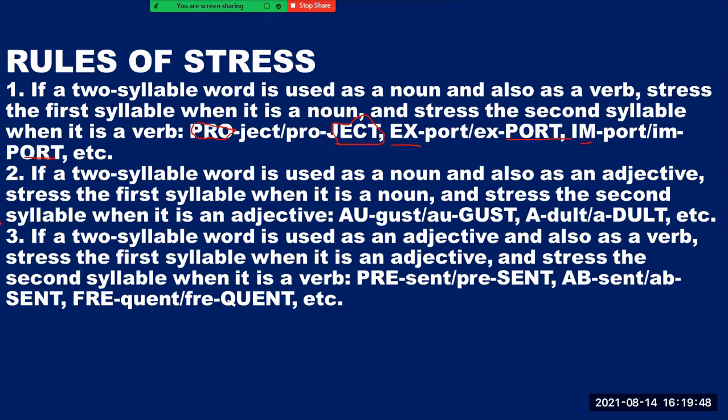Then the second rule: if a two-syllable word is used as a noun and also as an adjective, stress the first syllable when it is a noun and stress the second syllable when it is an adjective. And that's what we have in August, adult, etc. The third rule: if a two-syllable word is used as an adjective and also as a verb, stress the first syllable when it is an adjective and stress the second syllable when it is a verb.